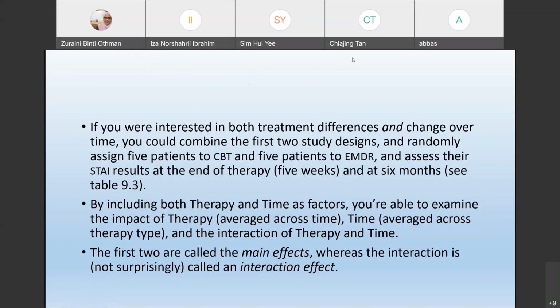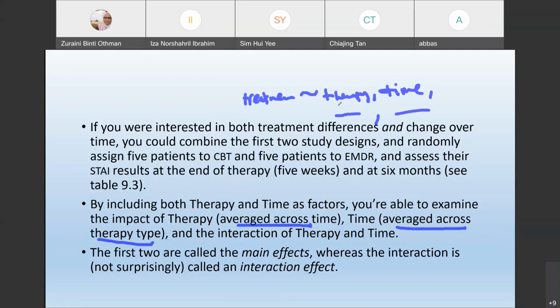The impact we want to measure is therapy itself, and another one is time. Another thing we want to know is therapy across time. The last one we want to measure is the average across therapy type.